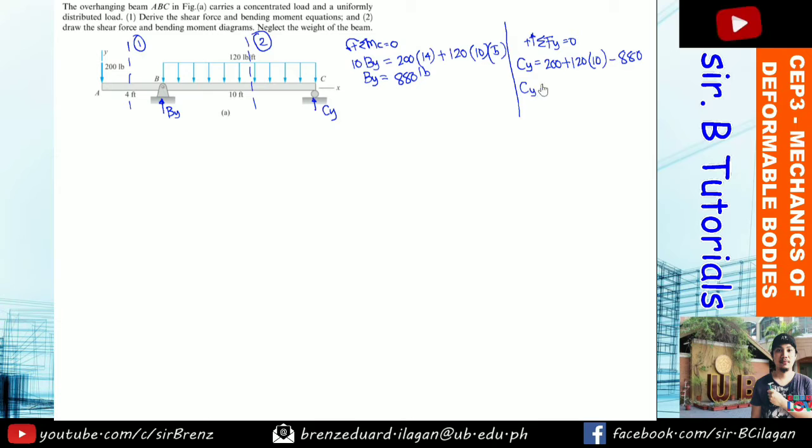So with that, we will arrive at an answer of, so 200 plus 120 times 10 minus 880, that is equals to 520.